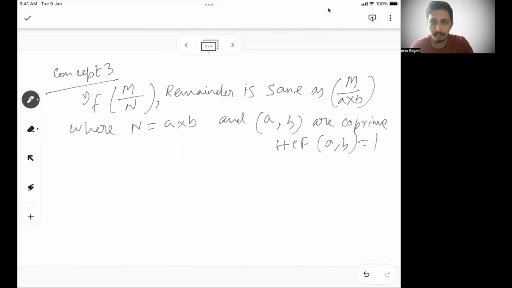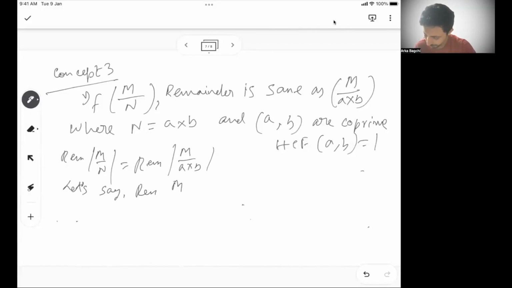So we'll take an example and solve it so that you can understand this well. Let's say remainder of m by n, and how we can solve this. Remainder of m by n is the same as remainder of m by a into b.